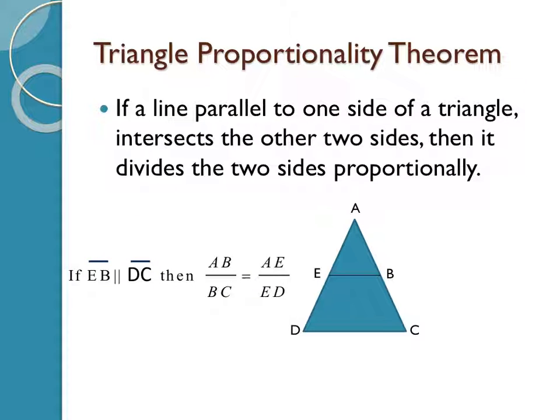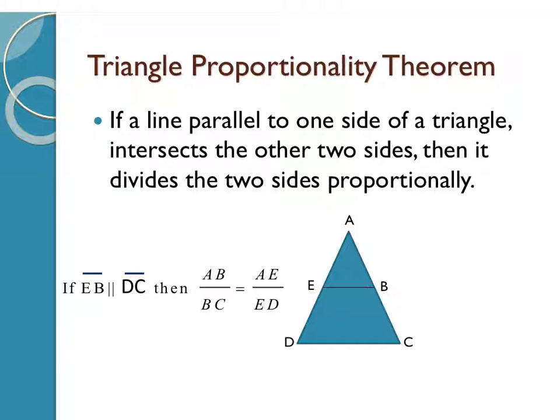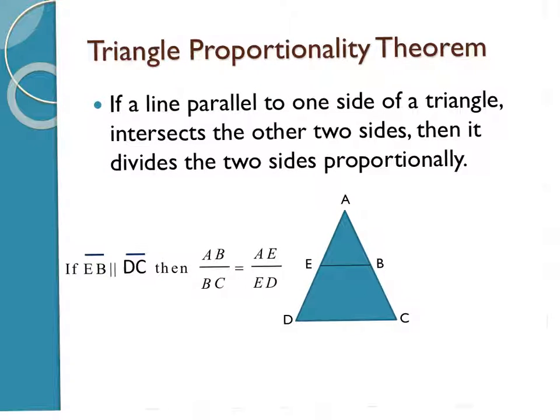So the first one is called the triangle proportionality theorem. What this theorem states is if a line parallel to one side of a triangle intersects the other two sides, then it divides the two sides proportionally. So we have this line that's parallel to this one, and it's going to divide the two sides proportionally.